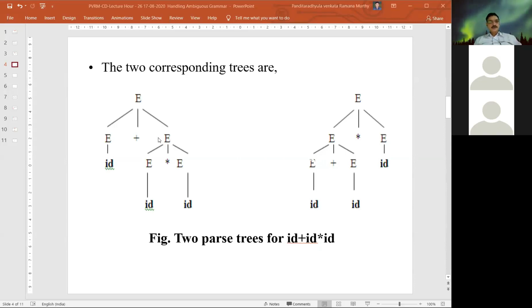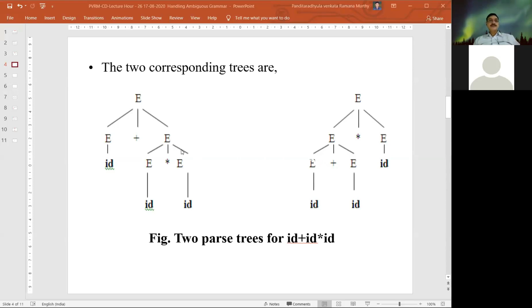For example, the multiplication sign has more precedence than the plus sign. What is it indicating? We need to complete the multiplication operation first, then the addition operation.